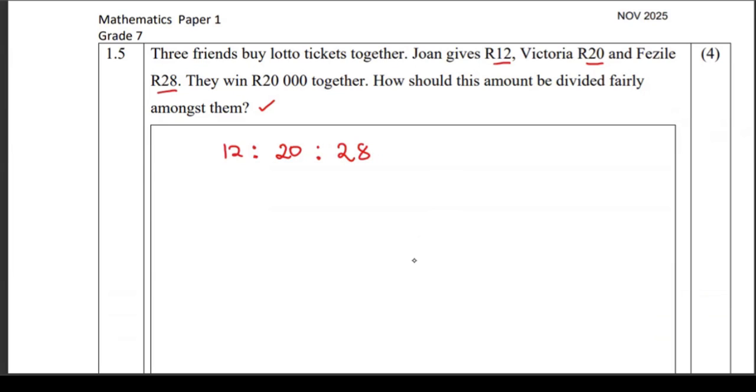Step number one, this question is indirectly asking us to divide 20,000 in this ratio. I don't need to simplify it, I can just use it the way it is.